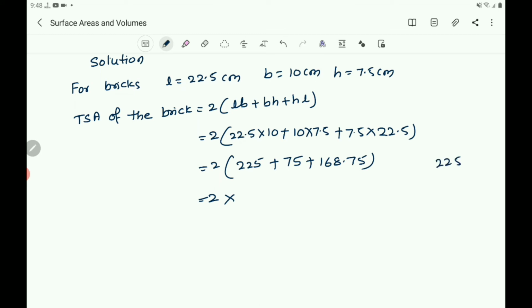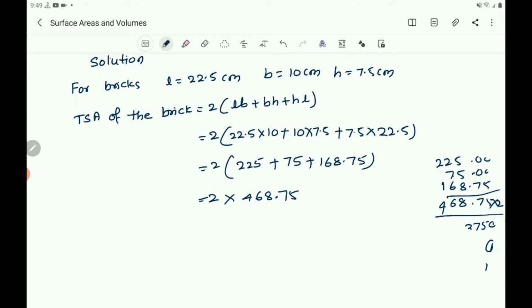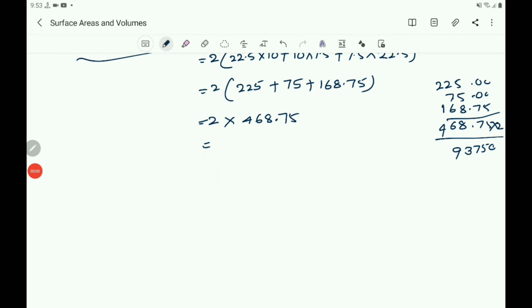That is 225 plus 75 plus 168.75, which gives 468.75. Then 468.75 into 2: 5 twos are 10, 2 sevens are 14 plus 1 is 15, 1 carry, 8 twos are 16 plus 1 is 17, 1 carry, 6 twos are 12 plus 1 is 13, 1 carry, 4 twos are 8 plus 1 is 9. So you will get the area.